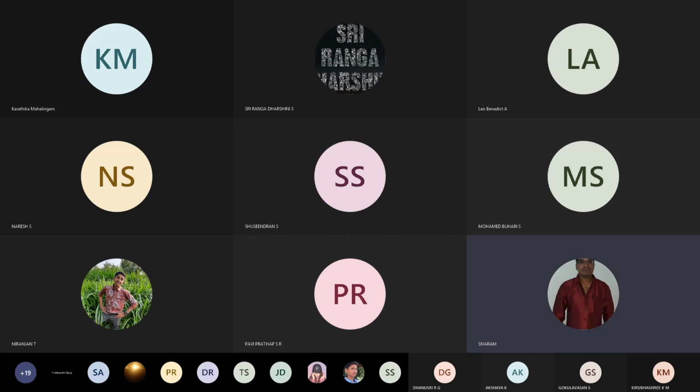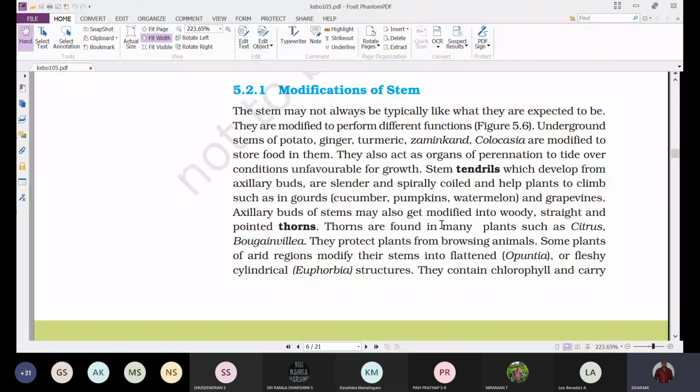In that, we have already discussed the storage stem, or we can say tuberous stem. That means the stem becomes swollen due to the storage of food material. Such a stem we call a tuberous stem.